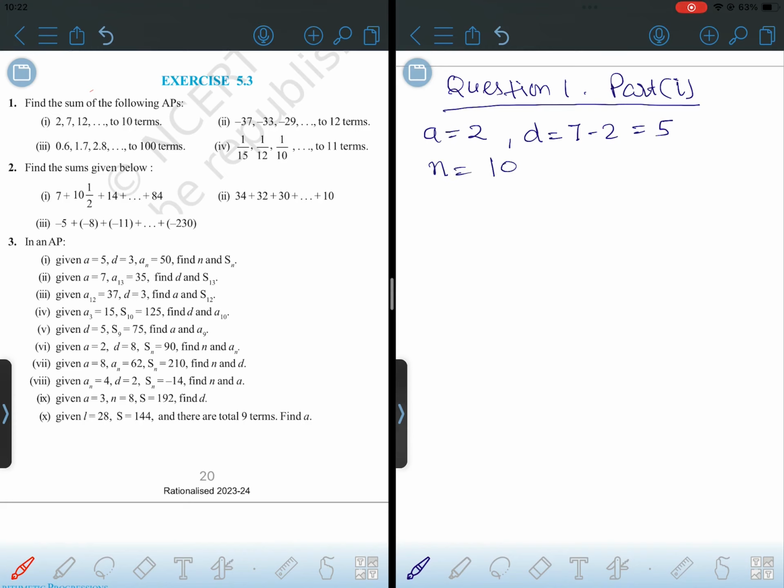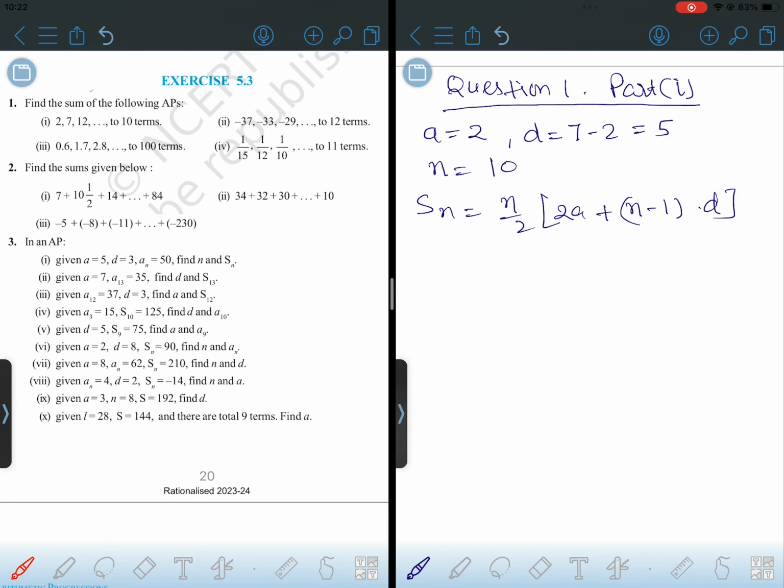As we know, the formula to find the sum of the AP is Sn equal to n by 2 in bracket 2a plus (n minus 1) into d, right?